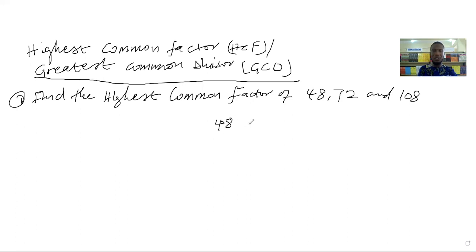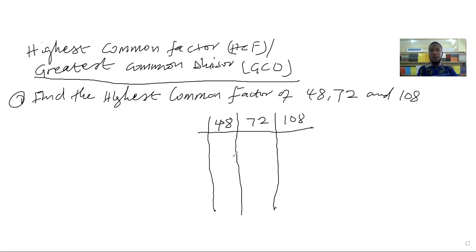We have our 48, 72, and then 108. So we are looking only for factors that can divide all three of them at the same time.